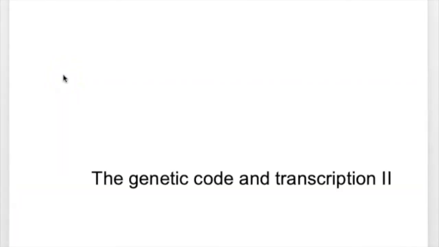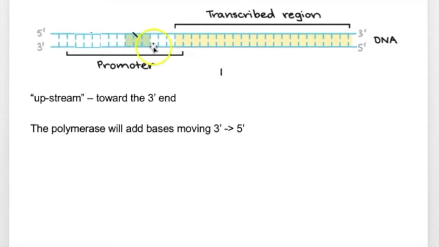Okay, so now that we've established kind of the major actors of transcription, we're going to step through a generalized description of how transcription proceeds, focusing primarily on eukaryotes. All right, so I showed you this image because it's important to remember that what we're talking about here is a double-stranded piece of DNA.